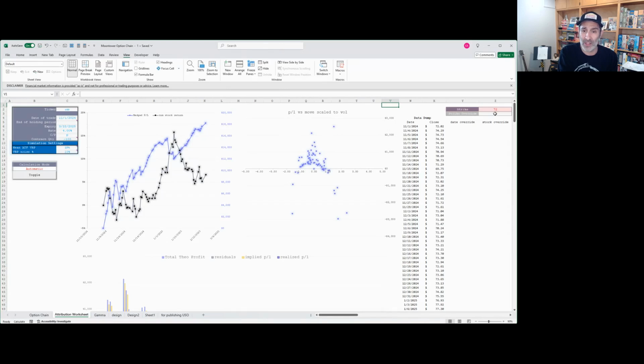I could have overridden the strike, by the way. I could have said I want to pretend that we sold the 65 put. Doesn't matter. But in this case, it's just picking the at the money strike. I sold 100 of the 72 puts, and we're going to delta hedge. This simulation acts as if it was delta hedged on the close every day.